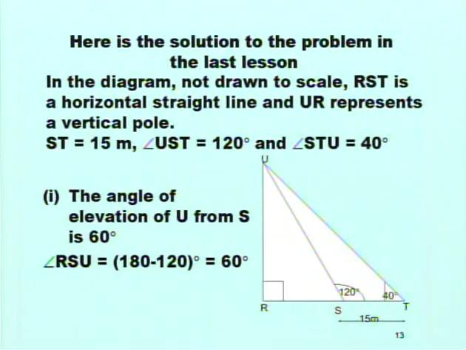The angle of elevation of U from S is 60 degrees. Angle RSU is equal to 180 degrees minus 120 degrees, which is equal to 60 degrees.